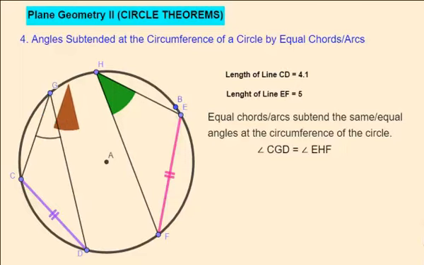Look at it well and record your observation. We can see that, because the lengths of the chords are not equal, angle CGD does not fit equally on angle EHF. As you can see, part of angle EHF is appearing on your screen.